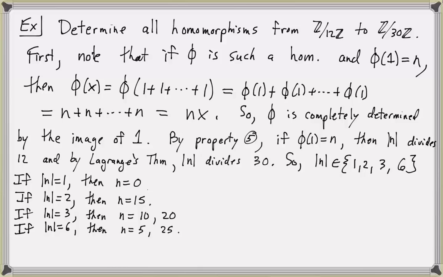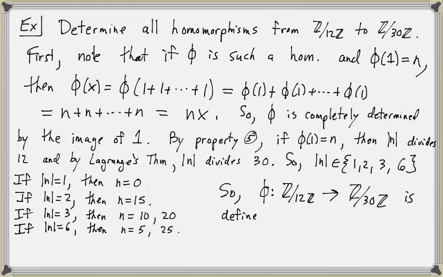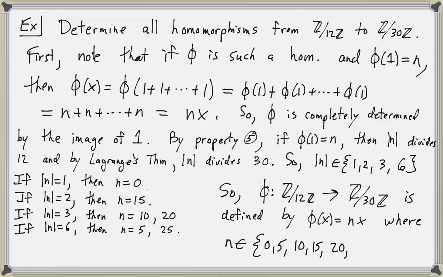So what we see is that any homomorphism from the integers mod 12 to the integers mod 30 is defined by phi of x equals nx, and the possibilities for n are 0, 5, 10, 15, 20, and 25.